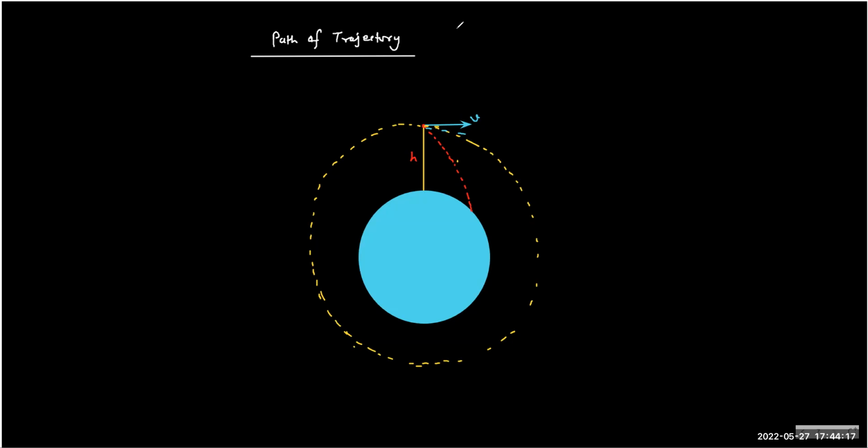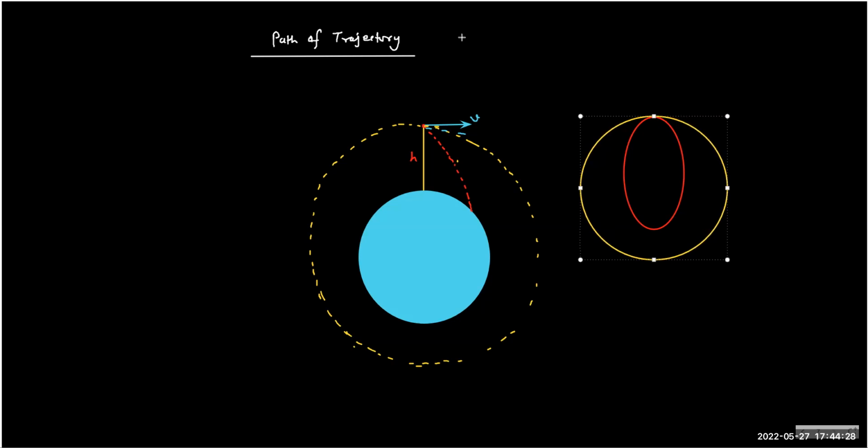So there are a variety of paths which I can draw. A small ellipse, then a big circle, then next comes the big ellipse. And after that, what will come is the parabola and hyperbola. That's the last kind of motion.